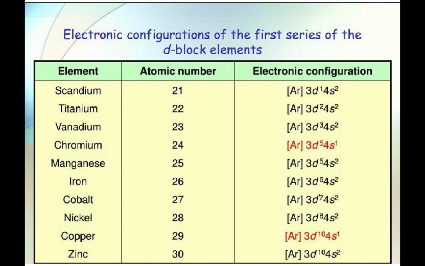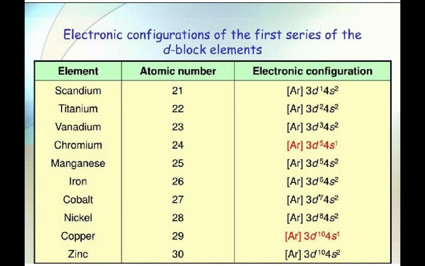For 4s2, for scandium, titanium, vanadium it is 4s2 only, but for chromium it is 3d5, 4s1. You notice that it is not 3d4 and 4s2, it is 3d5 and 4s1. Then for manganese it is 3d5 and 4s2, then 3d6, 3d7, 3d8, but for copper it comes to 3d10 and 4s1. Just keep this in mind.